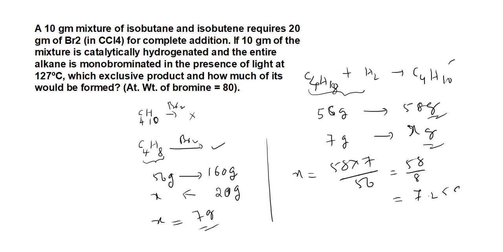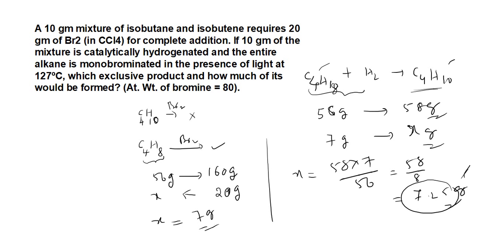So that means the exclusive product is C4H10. How much would be formed? 7.25 grams will be formed when this isobutene undergoes hydrogenation in the presence of a catalyst to give isobutane.